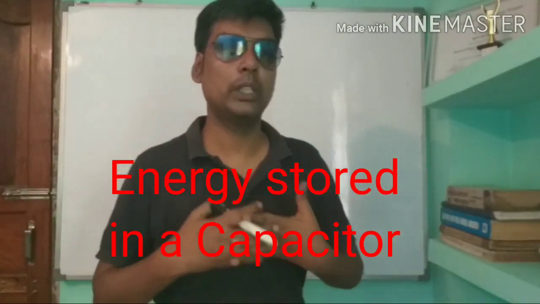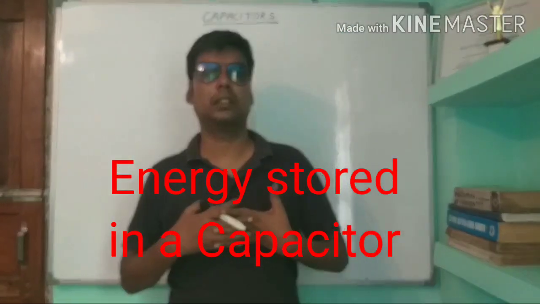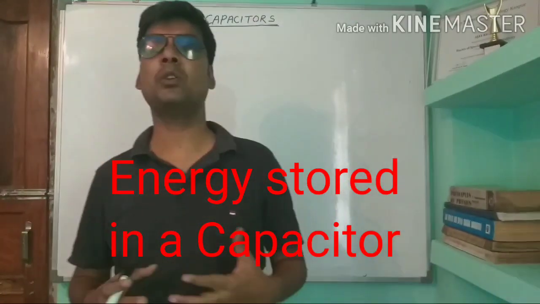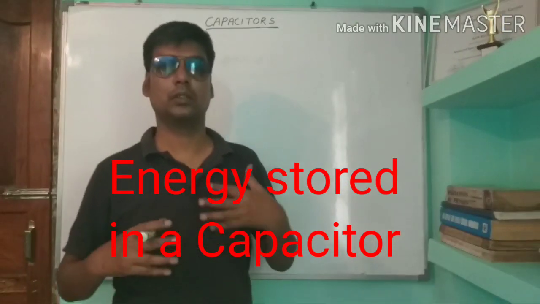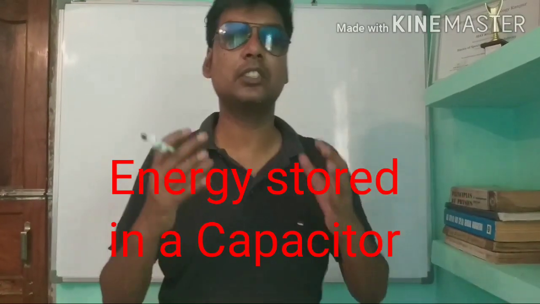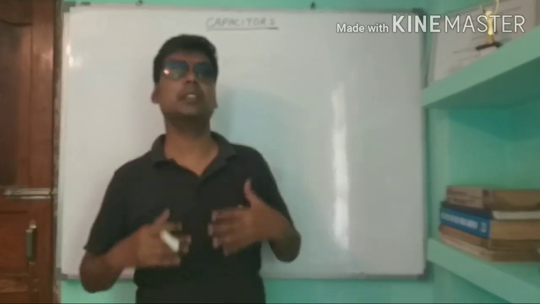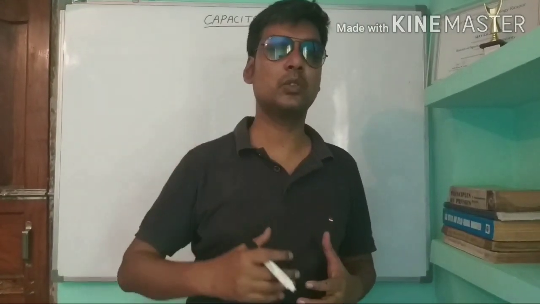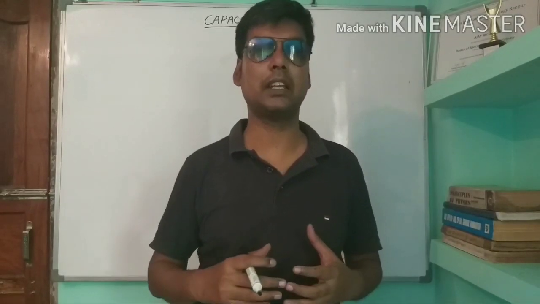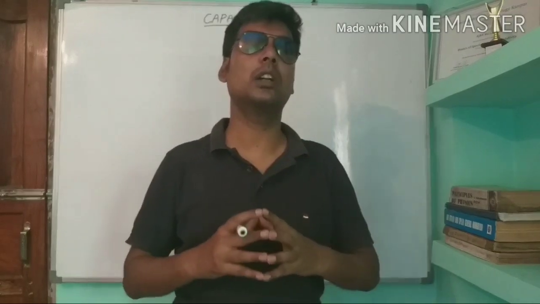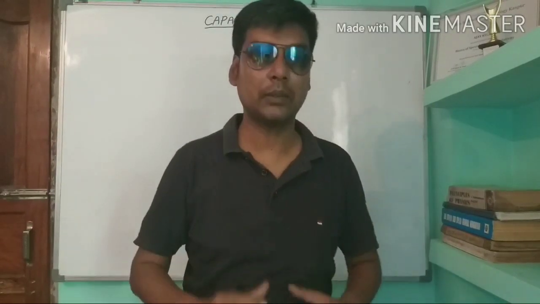As we discussed, a capacitor is a device which can store a huge amount of charge without changing its shape. So a capacitor can store charge, that means a capacitor can store energy. If you are interested in calculating how much energy a capacitor can store, first of all we have to calculate the total work done to put a charge on a capacitor.